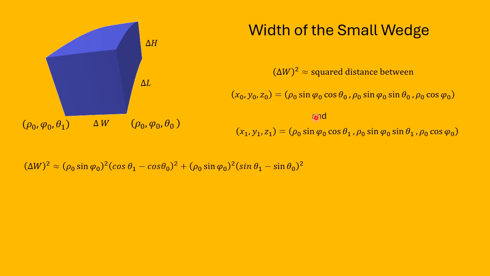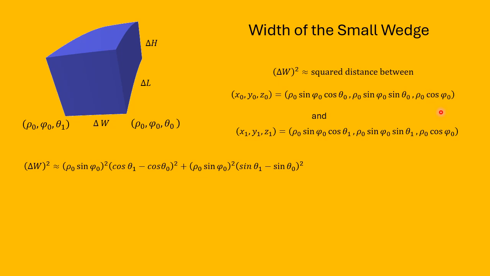So that comes from these first coordinates. Then subtract the y coordinates, this coordinate minus this coordinate, and once again there are some common factors, and so when we take the difference of this and this quantity squared, we can write it as rho naught sine phi naught quantity squared times sine of theta 1 minus sine of theta naught quantity squared. Then we have the difference of the z coordinate squared.